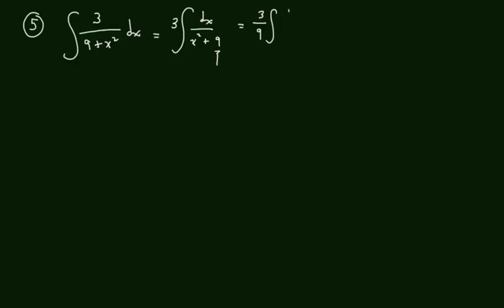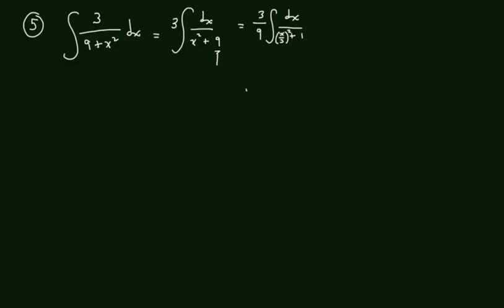Then I have dx over, well, this becomes 1, but then this becomes x over 3 quantity squared, or x squared over 9. Now we're ready to integrate that.